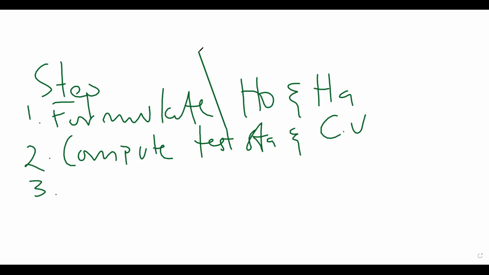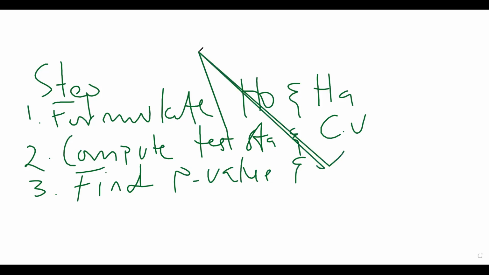Step 3 is to find the p-value and compare it with alpha. You find the p-value and then you compare it with the level of significance. And step 4, who can tell us the final step in hypothesis testing?